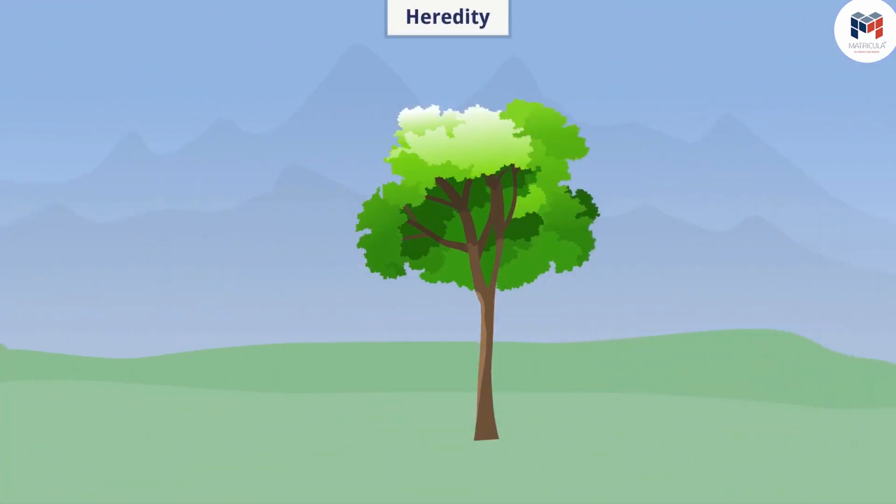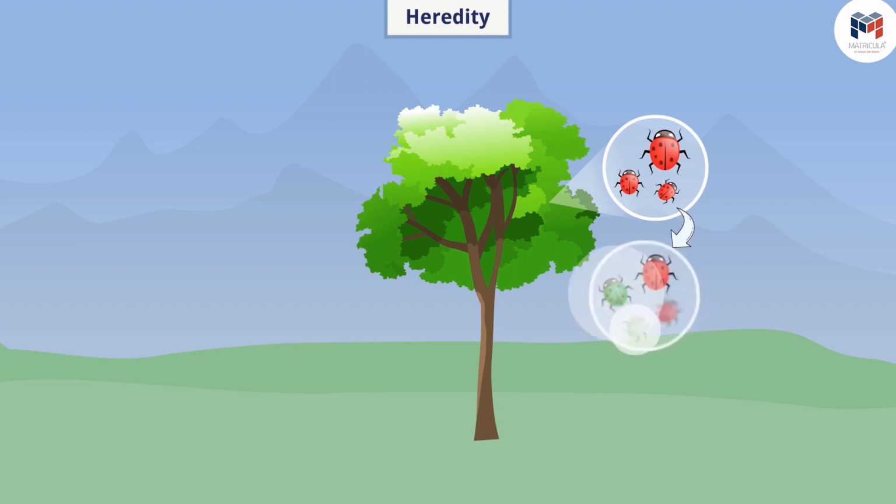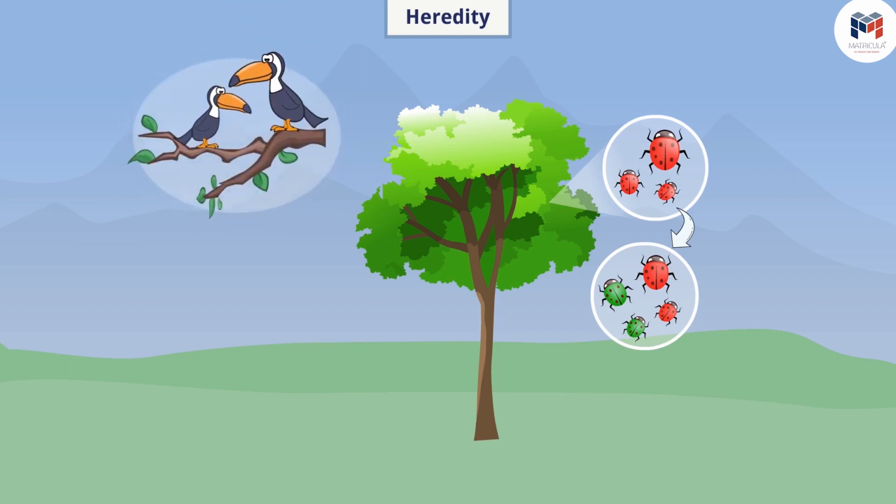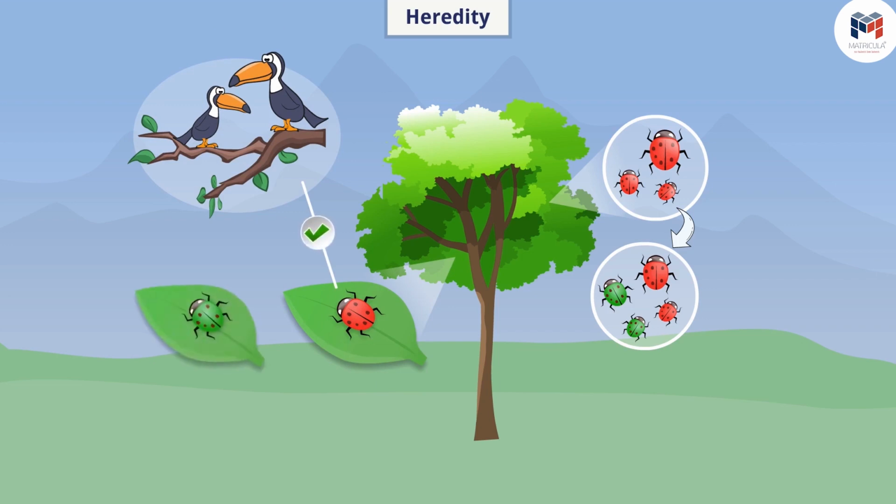Suppose there is a species of red insect on a tree. Due to accumulation of variations over generations, there is a rise of a new variety of green insects. Suppose a bird comes to live on that tree. It can easily find and eat red insects, but green insects can hide themselves in the green color of the leaves.